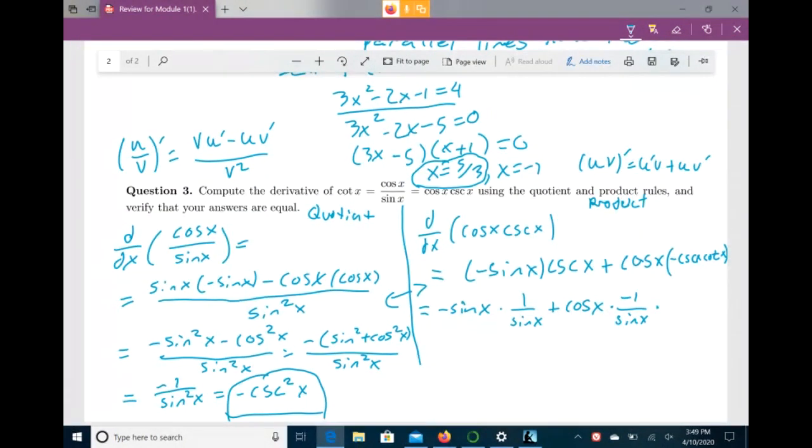And then cotangent is cosine over sine. Okay, so the term on the left, sine over sine, just becomes negative 1. Then on the right, there's still a negative 1, and I end up with cosine squared over sine squared.